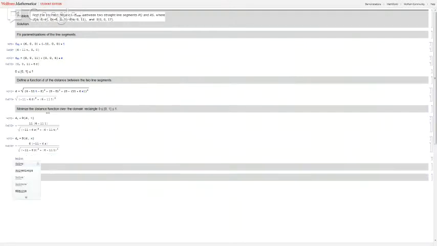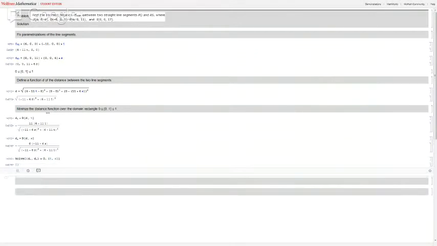Now I want to solve for d sub t and d sub s. I want to solve for the gradient vector equaling 0 for t and s. Alright. No solution exists.